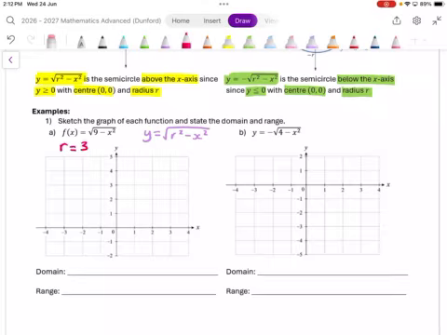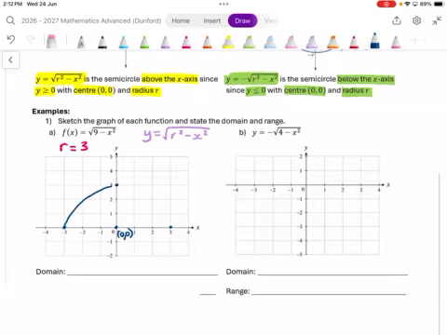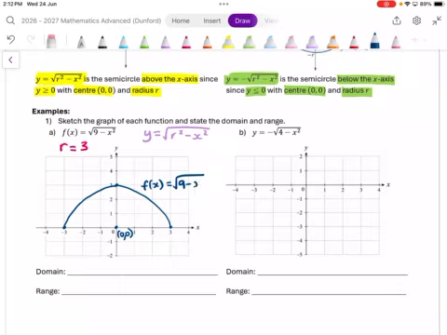It will go through our centre of 0, 0. We have 3 and minus 3. So we just draw our semicircle like so. Okay, and that is our function f(x) equals the square root of 9 minus x squared.